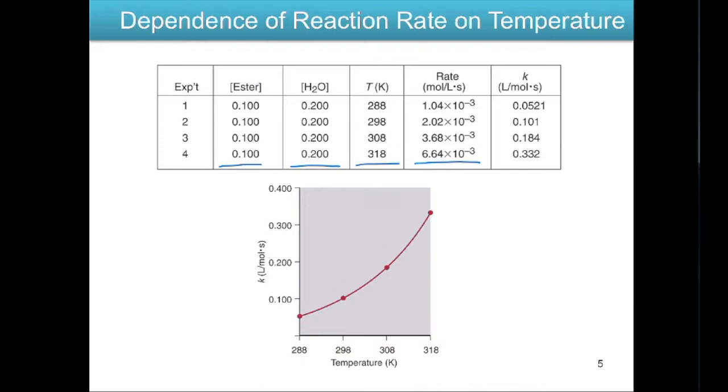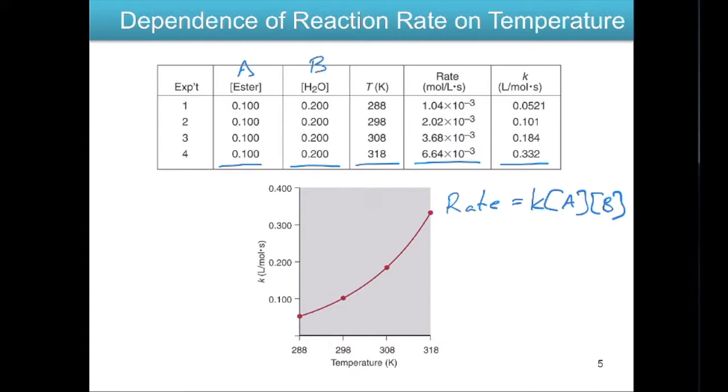Now, if the rate of a reaction increases, the rate constant must also change. If we look at the rate law again, we can see why this would be the case. I'm just going to call it A and B for reactants. I'll call this one A for the ester and B for water.